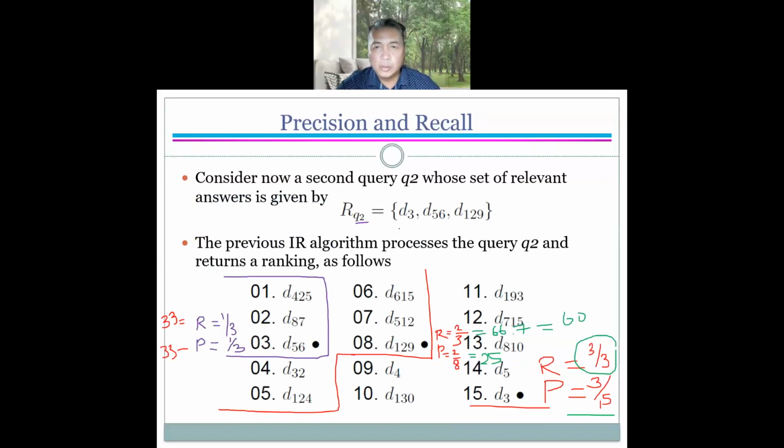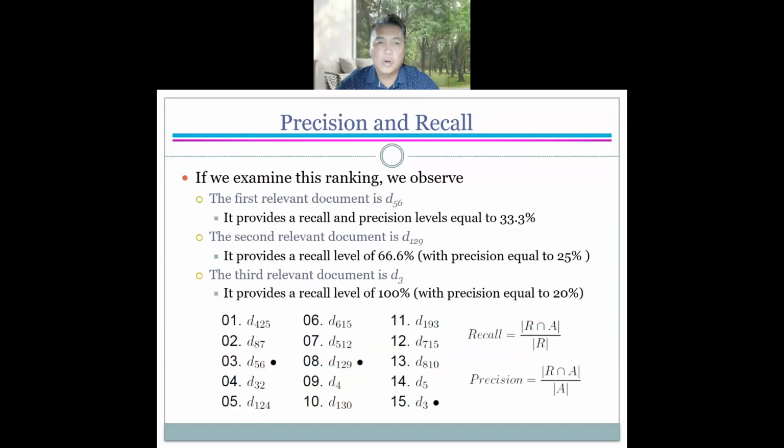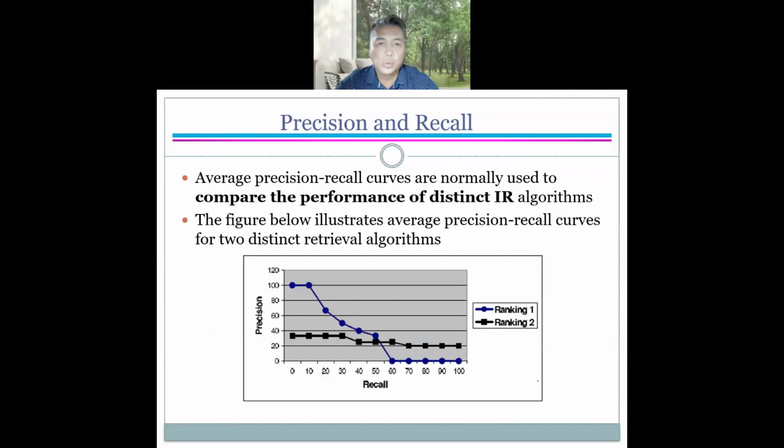Here we only have 3. Yep. So we are looking at this 33 plus this 25 and plus this 20%.